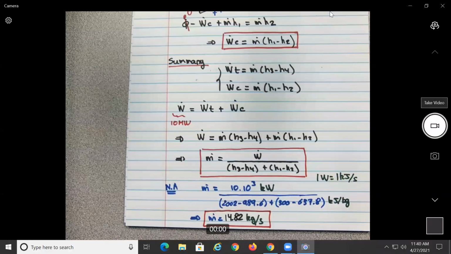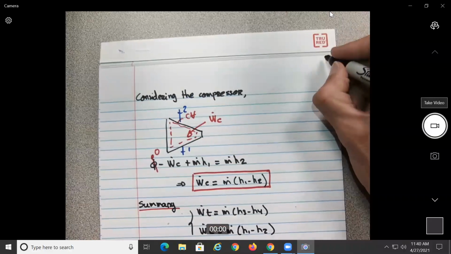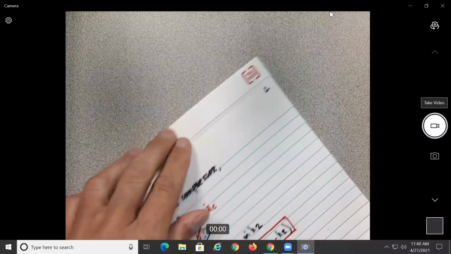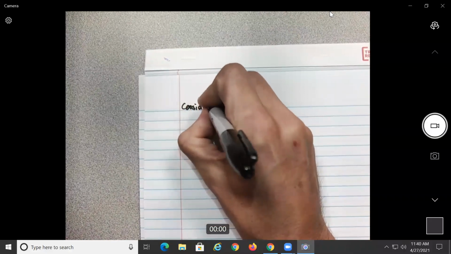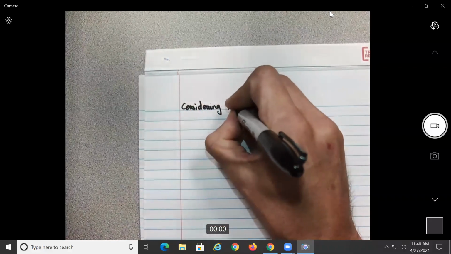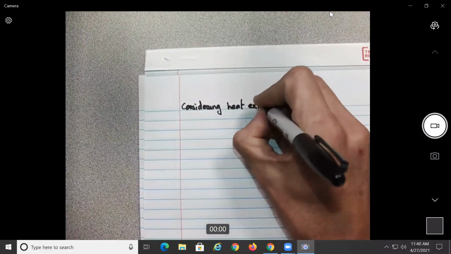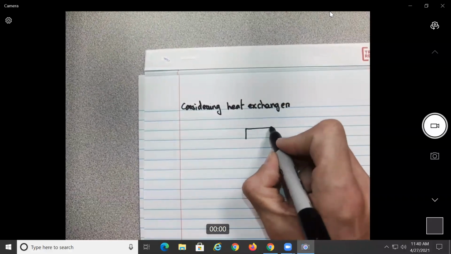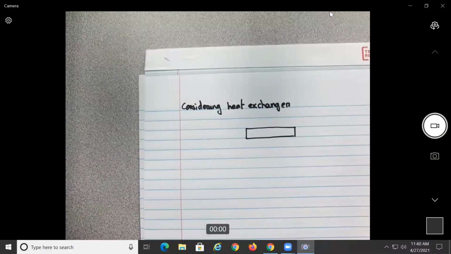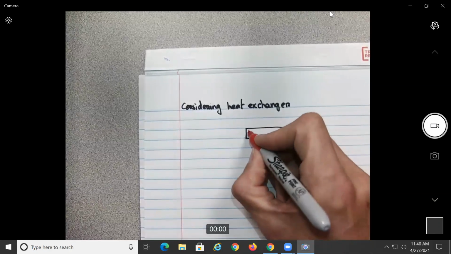All right, so this time we take the heat exchangers as our control volume. So let's say considering heat exchanger as our control volume.